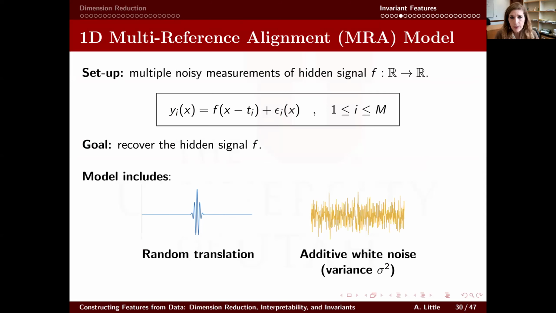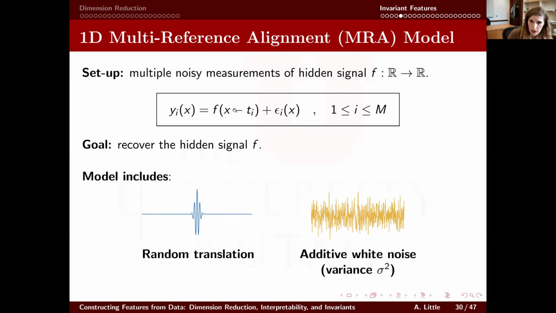As I mentioned, the full cryo-EM problem is really, really challenging. So one thing that people have done is to start on something less overwhelming. One of the most basic toy models that is inspired by these kinds of applications and has some of the complexities that they have, but not all of them, is the 1D multi-reference alignment model. So in this simplified model, what you assume is that you have some hidden signal F that you're trying to learn, and you can't observe it directly, though.